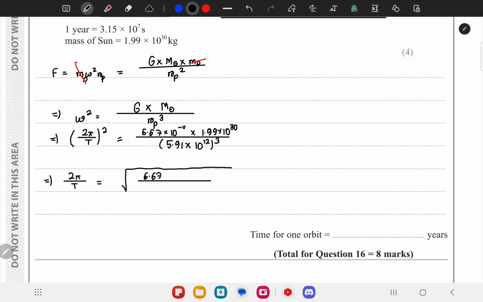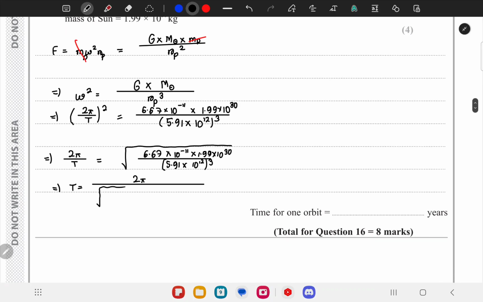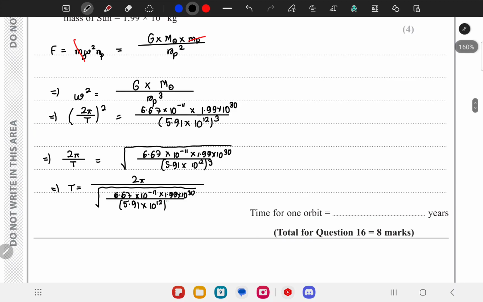So taking a root on both sides, this will give us the time period, the orbital time in seconds.